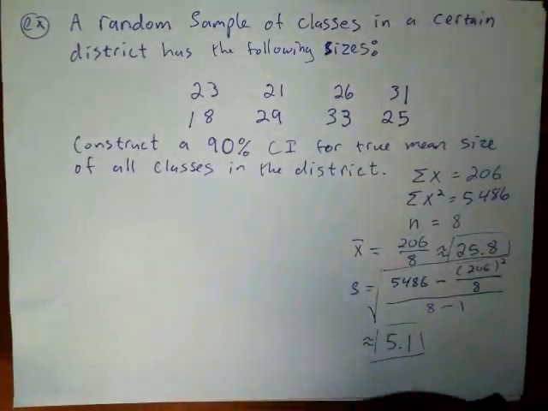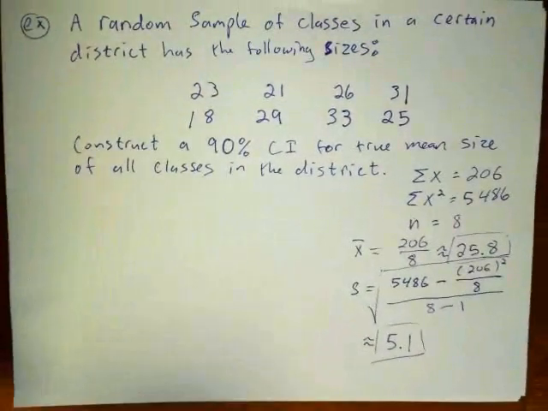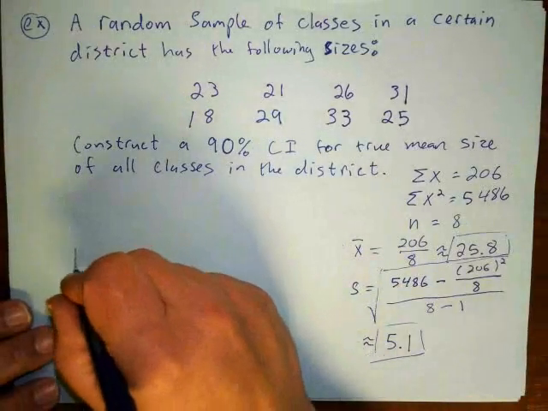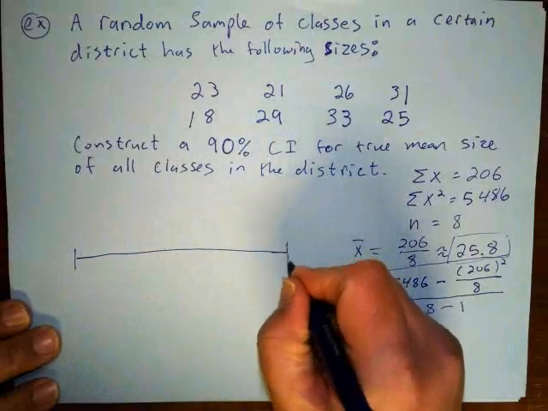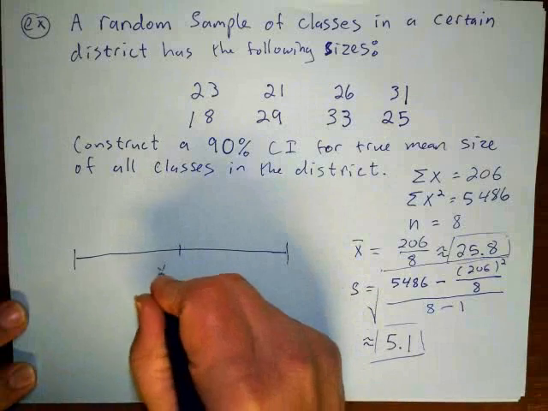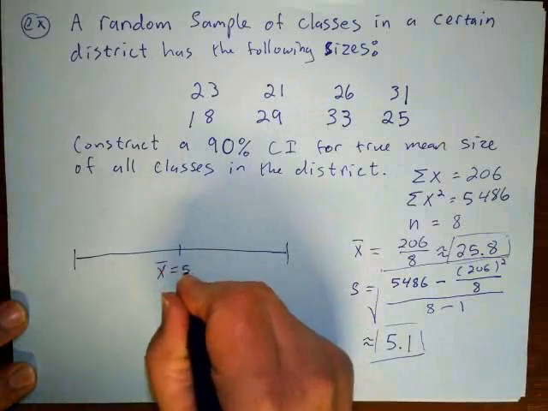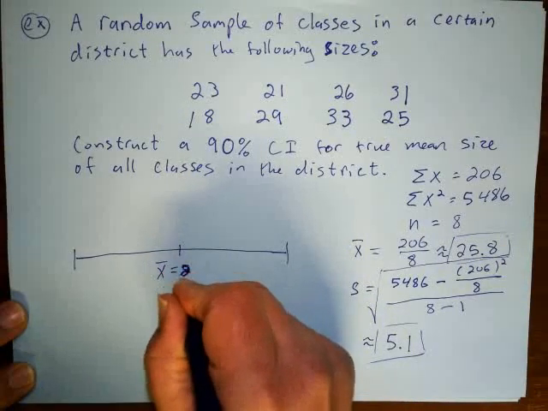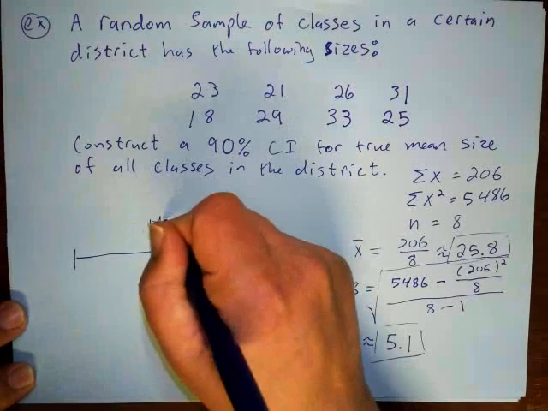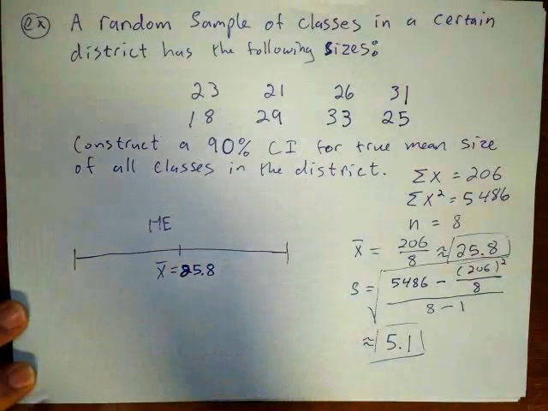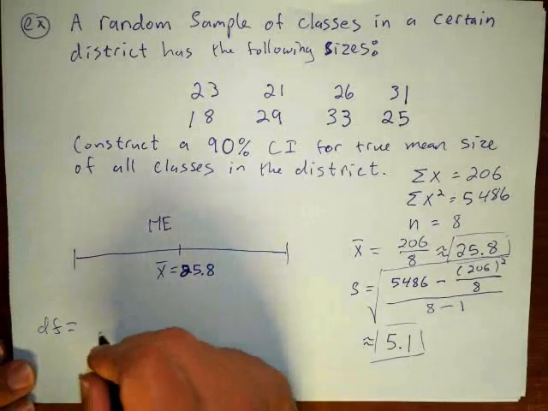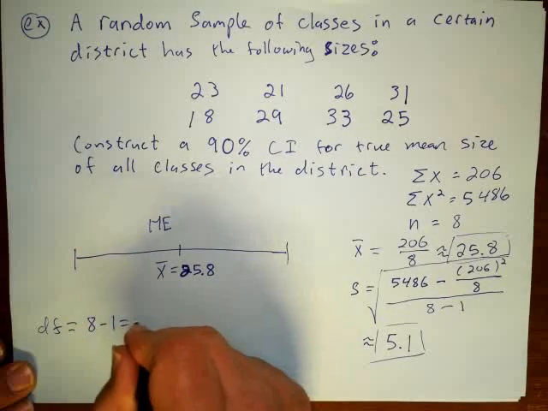I'm going to need my t-table here. So I'm going to make my interval, and I'm going to put the mean in the center, the 25.8 that I calculated. Now my margin of error, remember, uses a critical t-value with n minus 1 degrees of freedom.